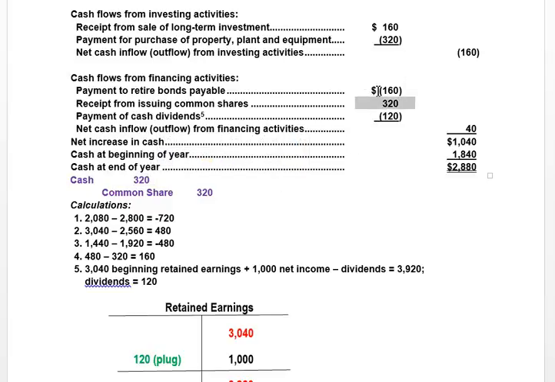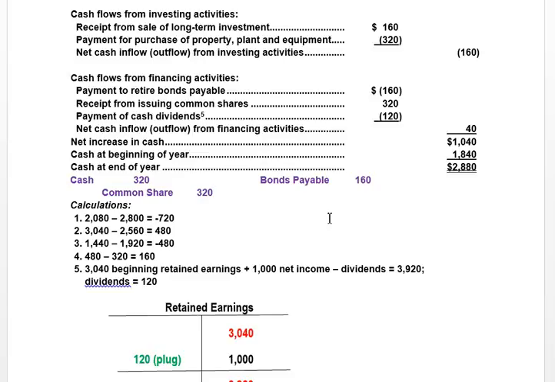I also know that I retired bonds. How do I know? Have a look at the statement. The balance sheet says your bonds went from 2,400 to 2,240. That means that we must have retired 160,000 in bonds. So that means that my bonds payable must have gone down by 160.